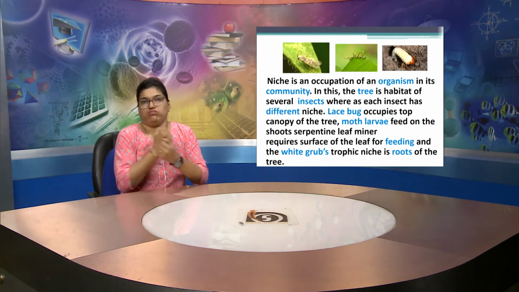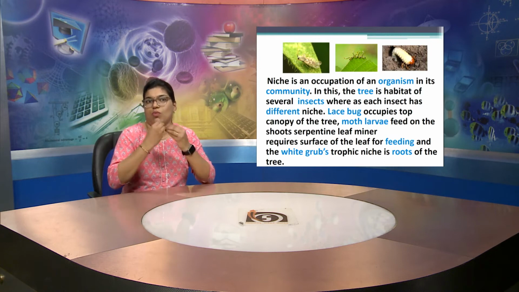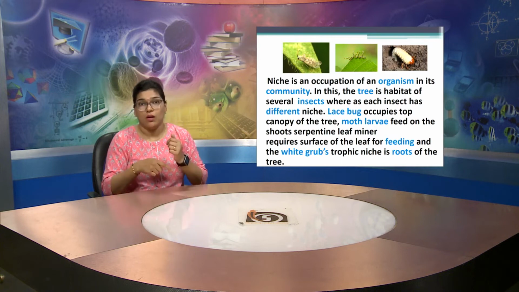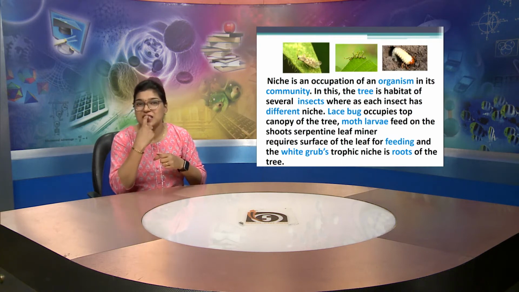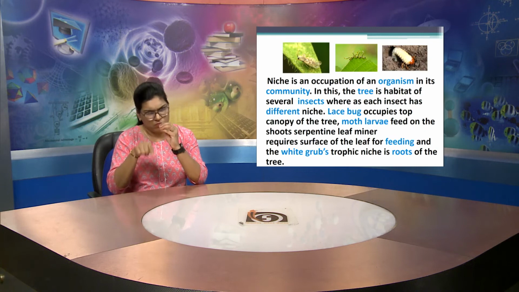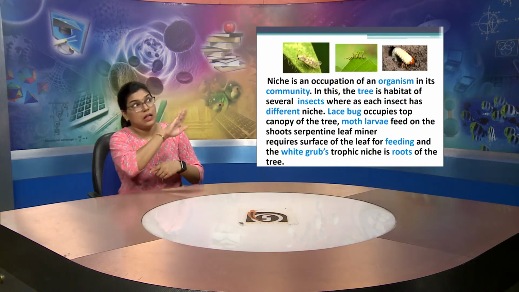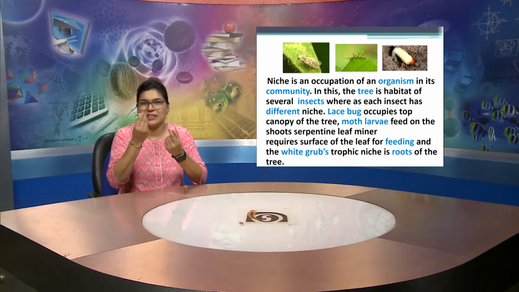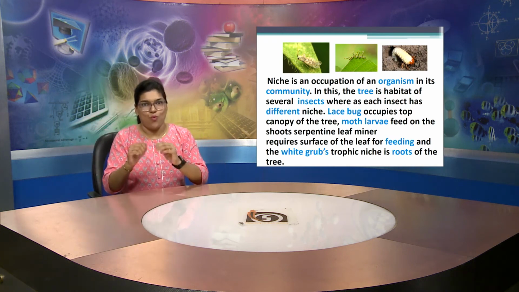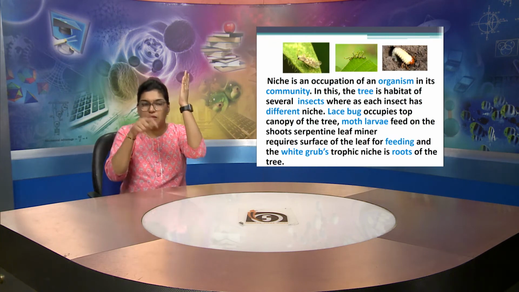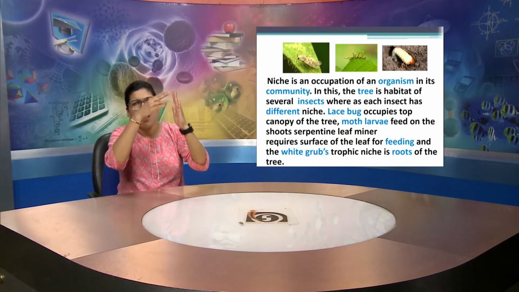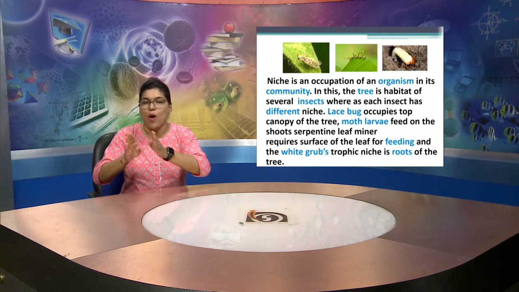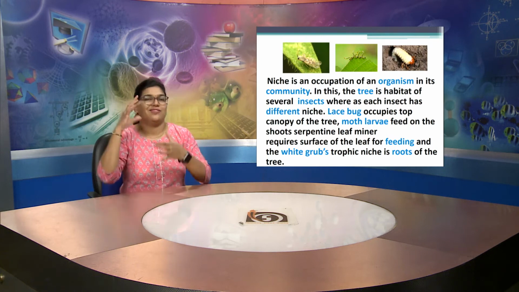And then there was another organism with name white grub. Its trophic niche is root of the tree. It was found under the ground in the roots of the plant. So one habitat has different organisms at different places.